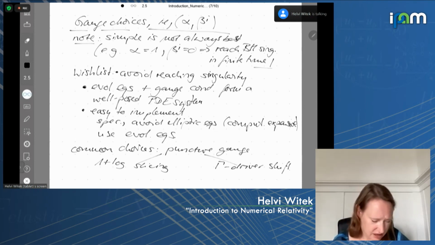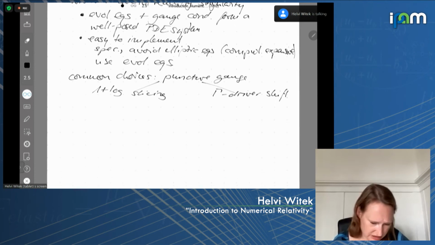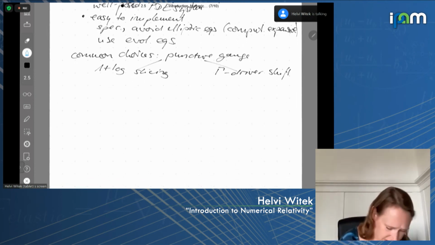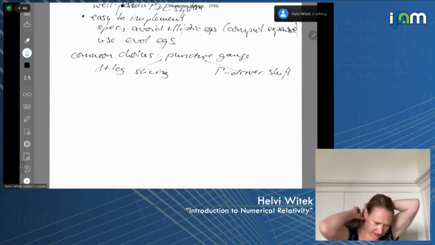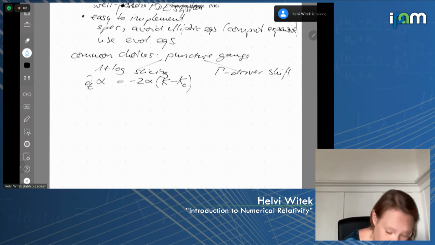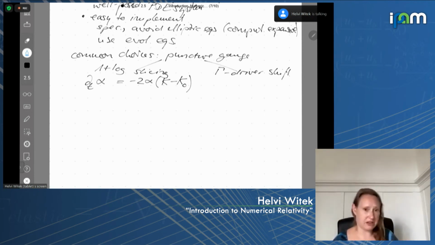Yeah, so let me just give you the equations here. In particular, for this 1+log slicing, what we have is the following form. We have an evolution equation for the lapse that goes like -2 alpha times the extrinsic curvature, potentially minus some trace of the extrinsic curvature minus some background curvature.